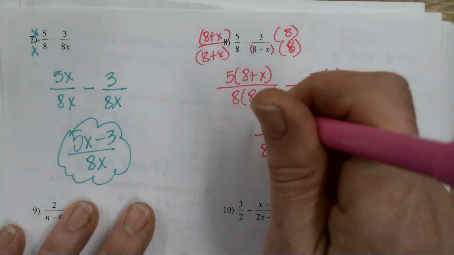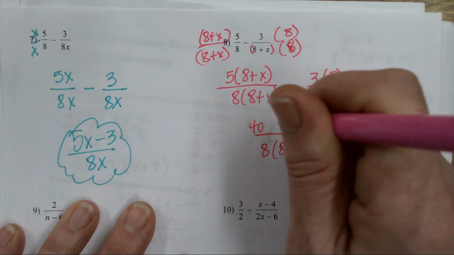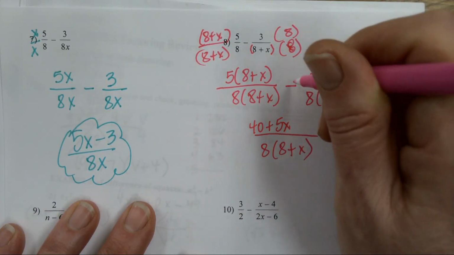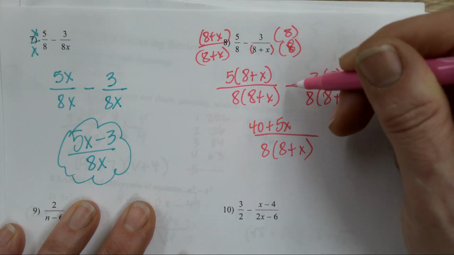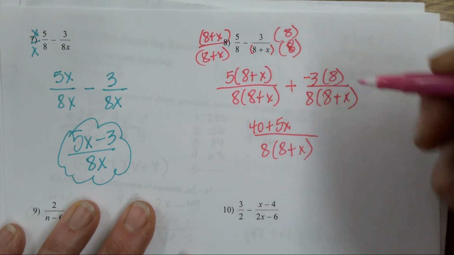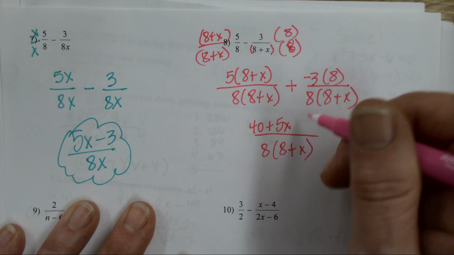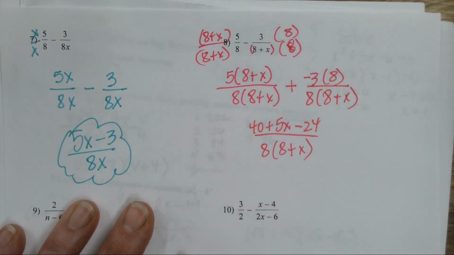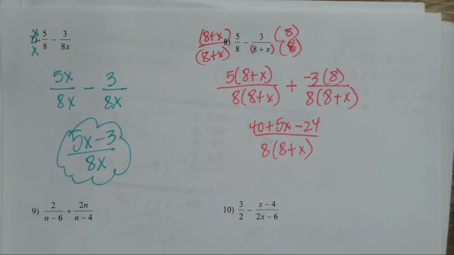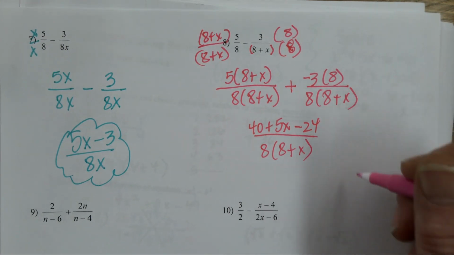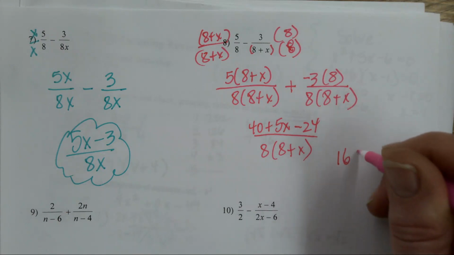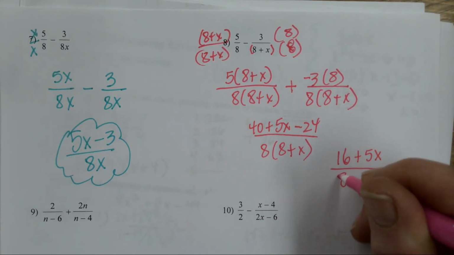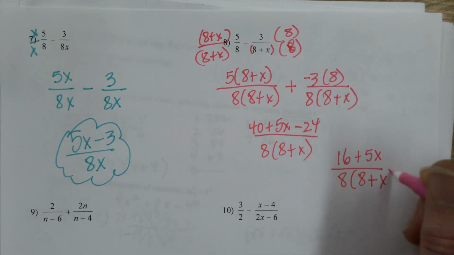So I get 40 plus 5x, and then I'm going to do this like middle school trick, plus -3. So then I end up with a plus -24 or -24. Which leaves me with 16 plus 5x over 8 times 8 plus x.